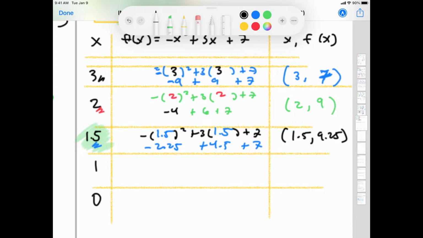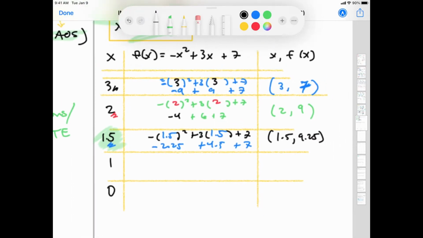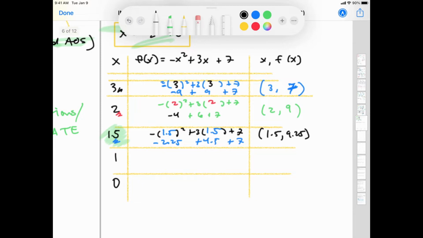Okay, let us keep going. So let's put in here 1.